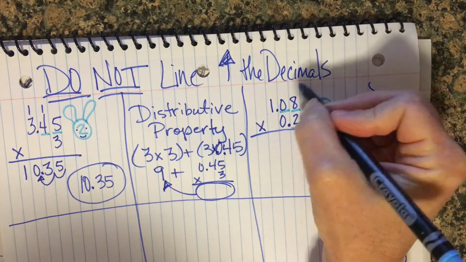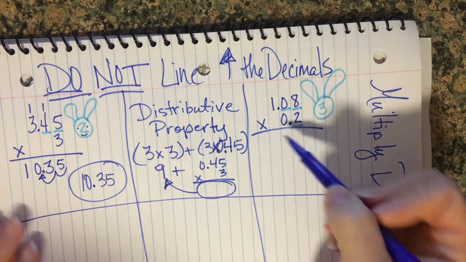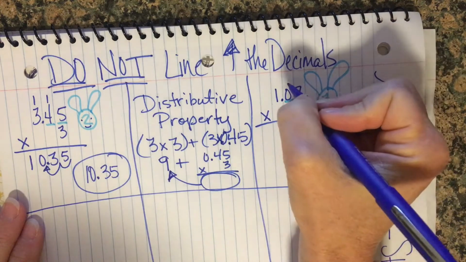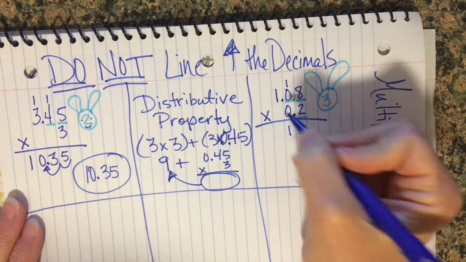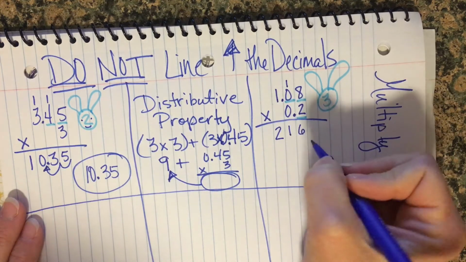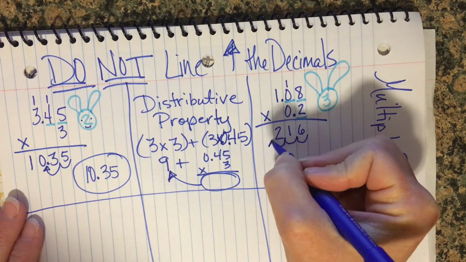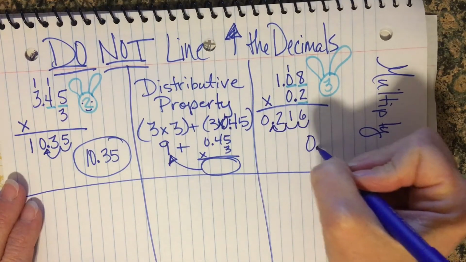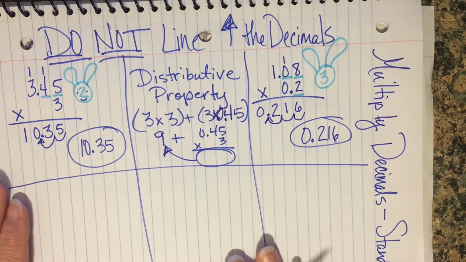So at the end, I'm going to do 3 bunny hops, and now I'm going to multiply and ignore the decimal. 8 times 2 is 16. 2 times 0 is 0, plus 1 is 1. 2 times 1 is 2. And I'm going to hop 1, 2, 3 spots and put my decimal. Your answer is 216 thousandths.